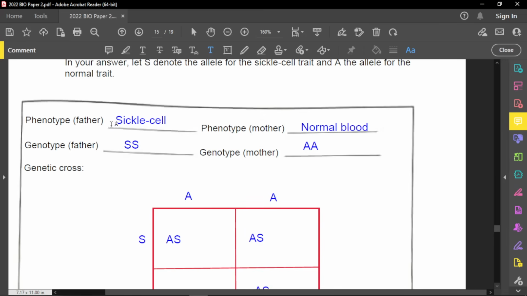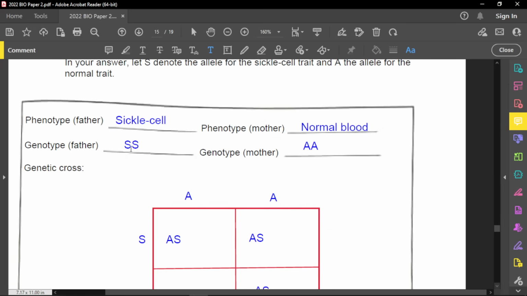And so the phenotype of the father, which is Ellis, is sickle cell. The phenotype of the mother has to be normal, because that's the reason why Ellis' child or children will not have sickle cell anemia. The mother must be normal. But I want to point out something here in terms of the genotype of the father.